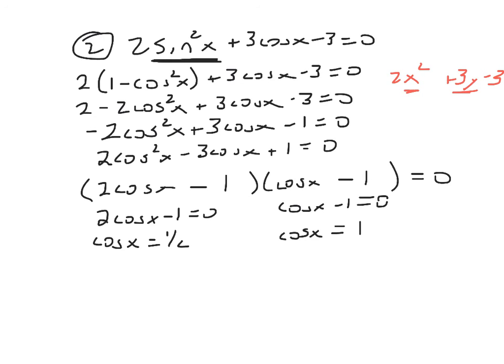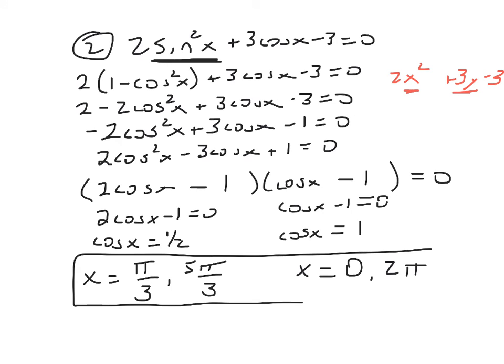So now you're ready to go to your trig table and find where does cosine equal 1/2, and that's going to happen at pi over 3 and at 5 pi over 3. And then you're going to say, where does cosine equal 1? And that happens at 0 and again at 2 pi. So that would be your set of answers for these.